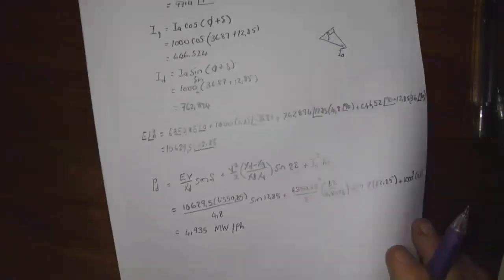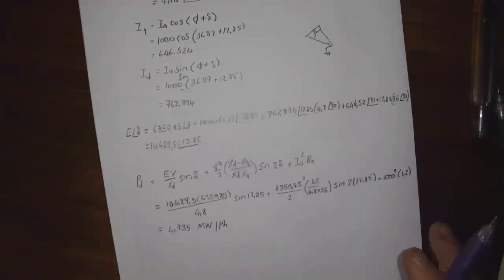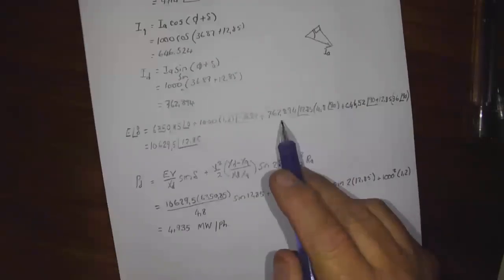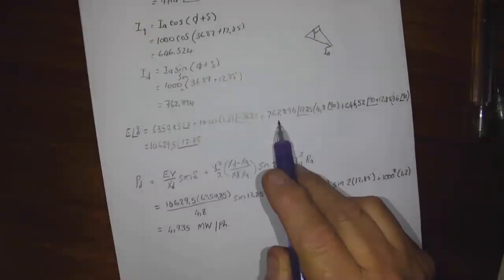Okay, doesn't matter. Sir, it does. Why did you put two angles for IQXQ? In the beginning, that is to calculate IDXD. Because now you must use another side of the phasor diagram.